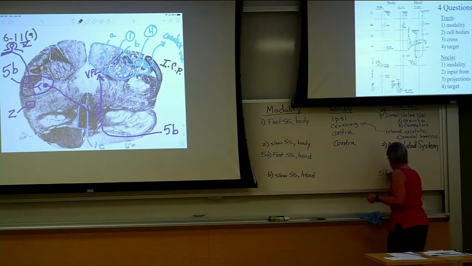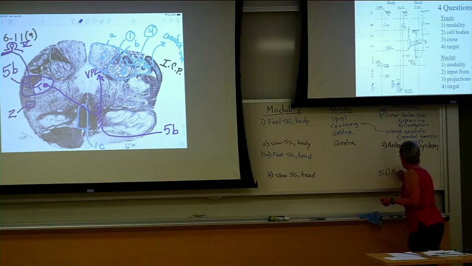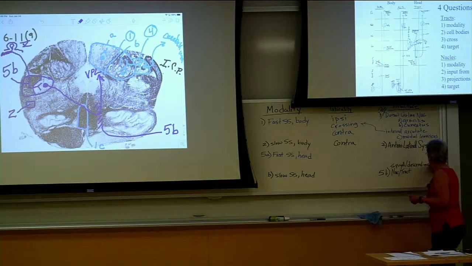The first 5B is going to be the nucleus and tract of the spinal, or descending, same thing, nucleus and tract of the trigeminal system.